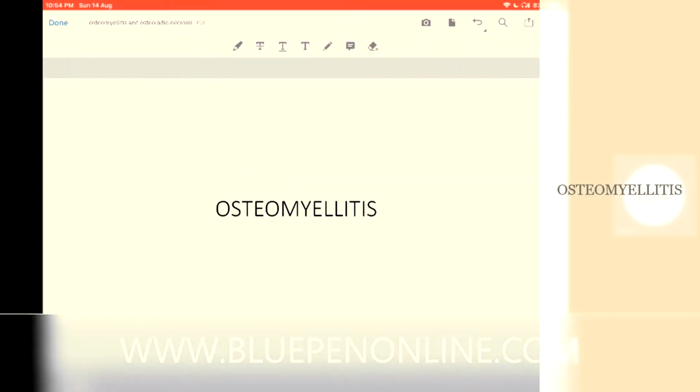Now, what is osteomyelitis? You can split this term into three parts: osteo, myelo, and itis. Osteo means bone, right? What is myelo? This means marrow.